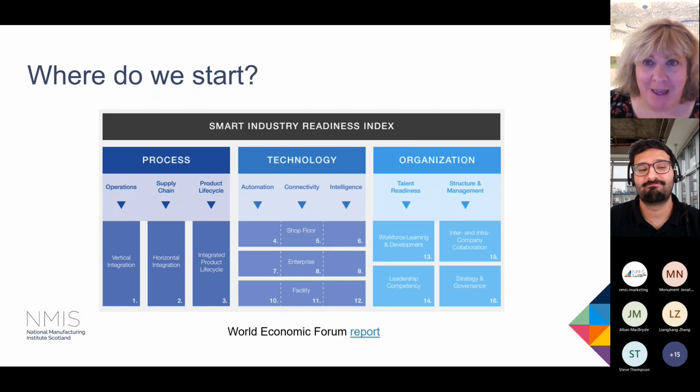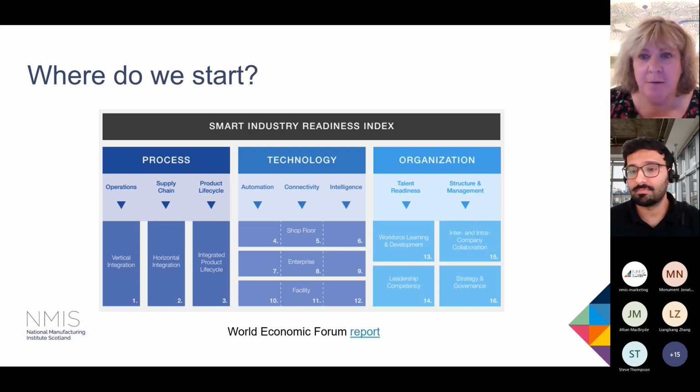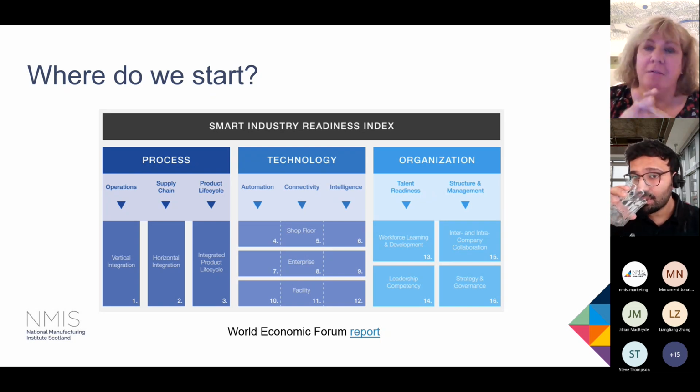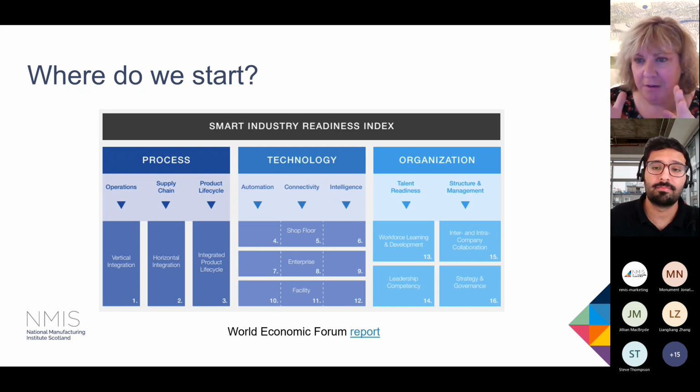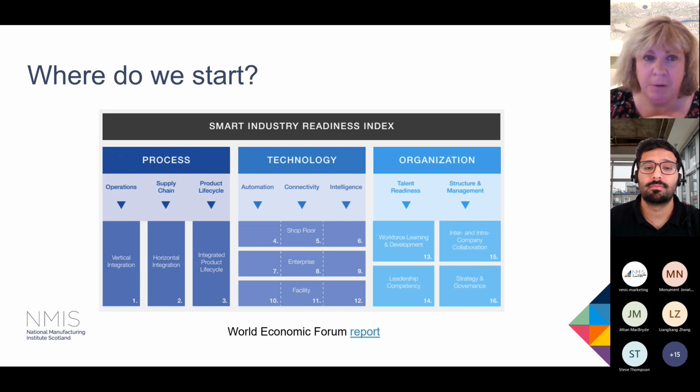Where do you start? There are many tools to appraise how to build your digital strategy. The one I'm showing here is just one. The reason I like it so much, and wanted to share it with you, is that a third of this programme, the Smart Industry Readiness Index, is all about the organisation. It's all about the people, and people are such a big factor.